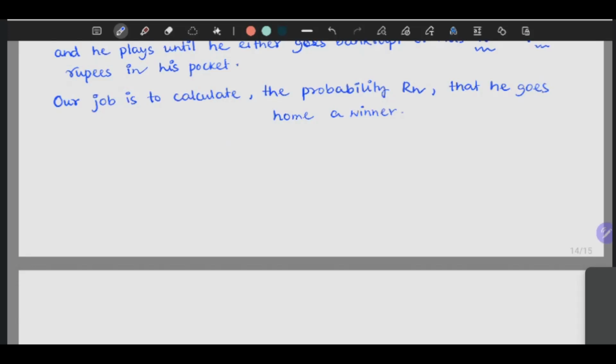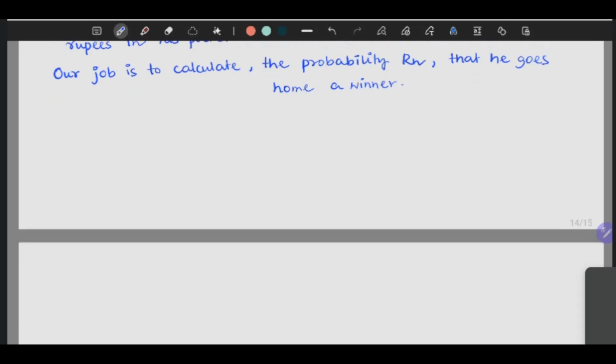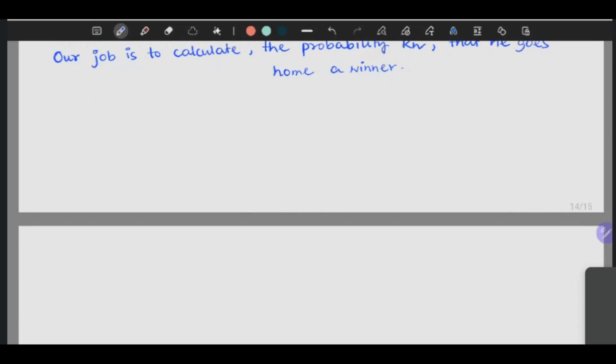Okay, so let's first identify the boundary conditions for this problem. What are those boundary conditions here?